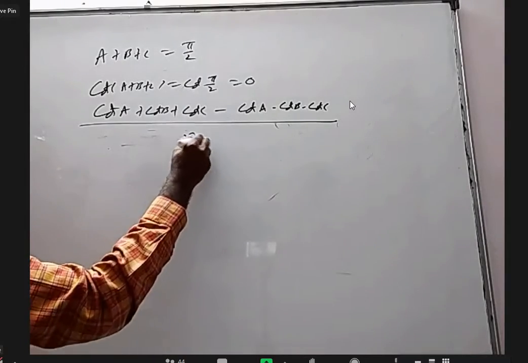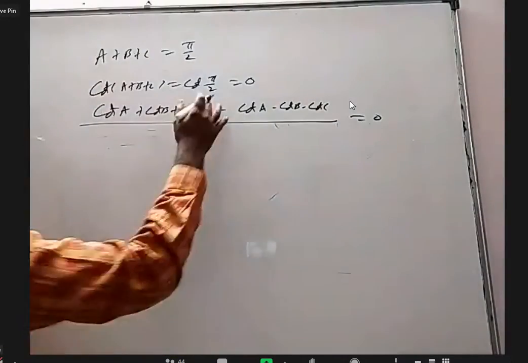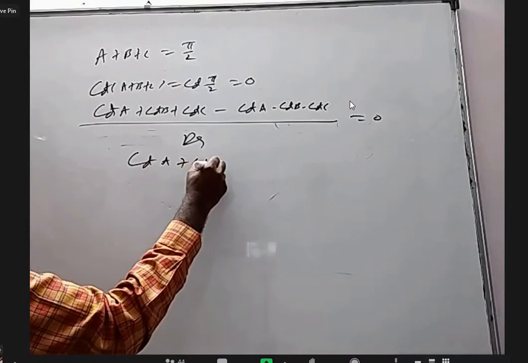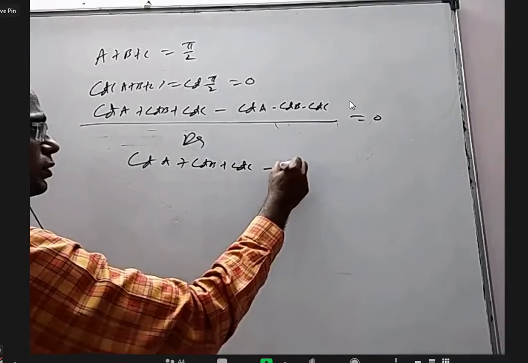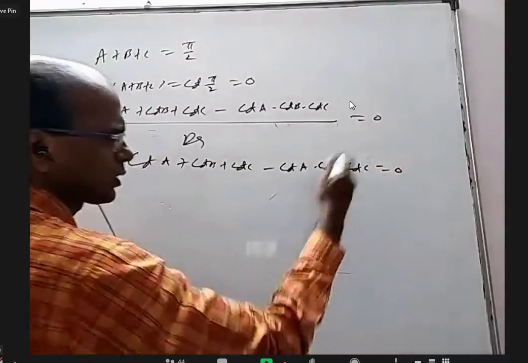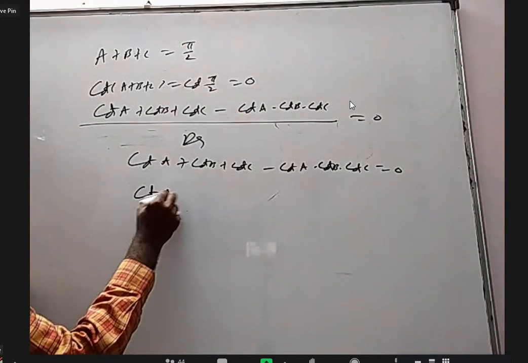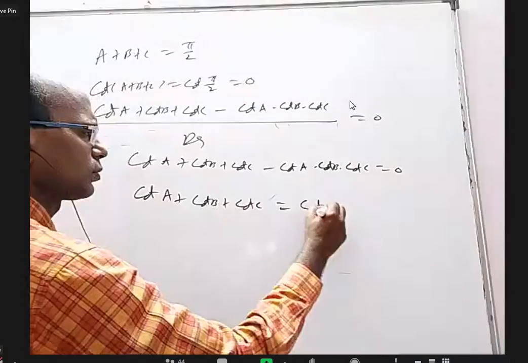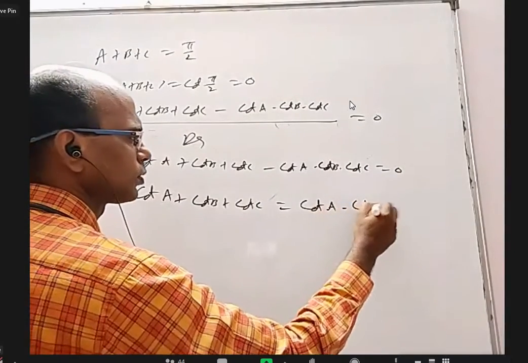I will not even write it, denominator equal to 0. If a ratio is 0 means numerator is 0. So we will get cot a plus cot b plus cot c minus cot a into cot b into cot c equals 0. Send this to that side.